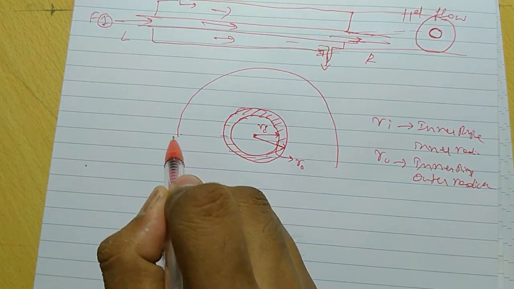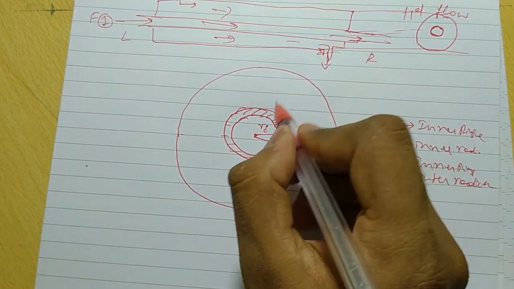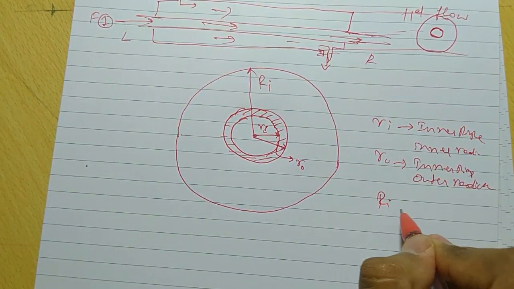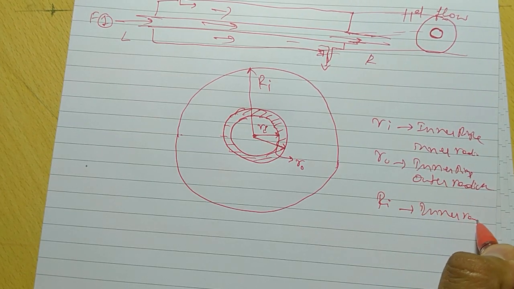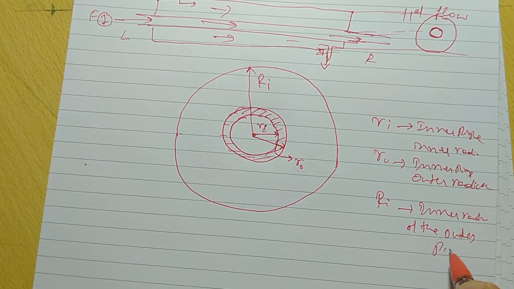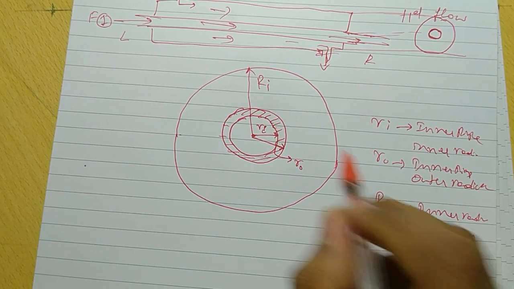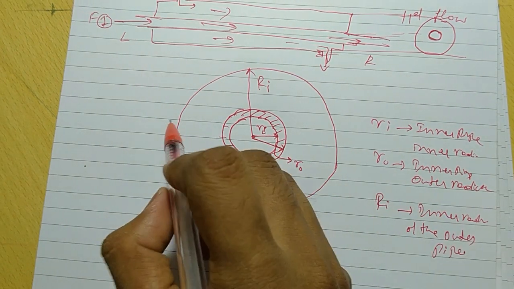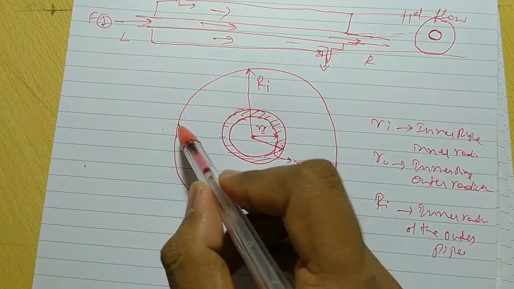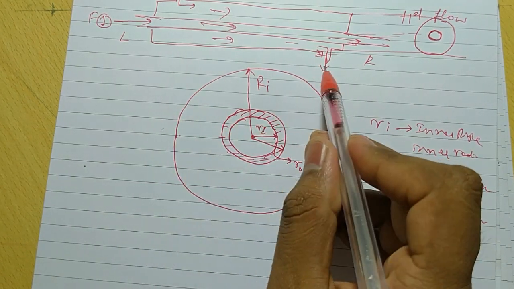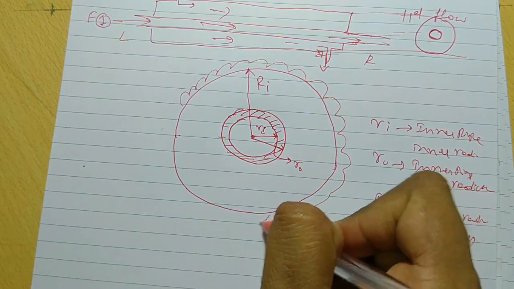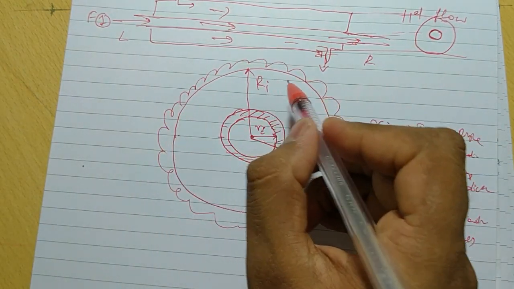Now outside there is one more pipe. Capital Ri means the inner radius of the outer pipe. We don't consider the thickness of the outer pipe, because you consider the outside as completely insulated. Therefore we do not consider capital Ro for the calculation.